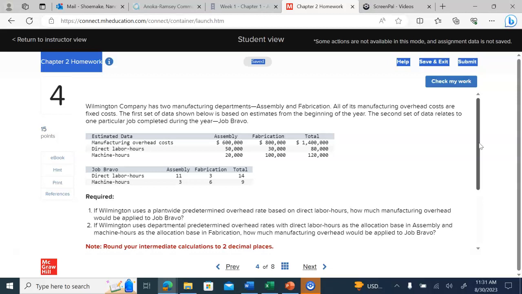Tell me what you guys get for the fabrication department. You got 48. Anyone else?